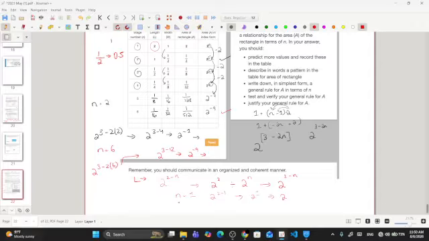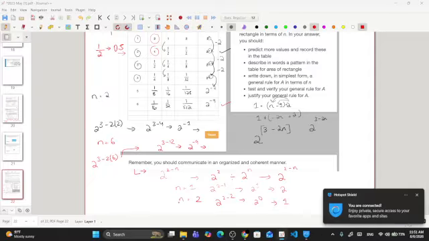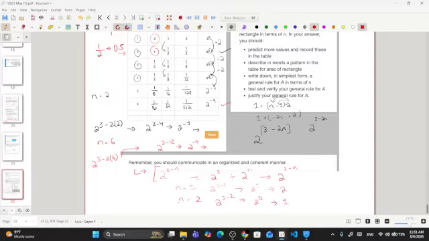If I substitute the value of n as 2, as that's stage 2, what answer does this give me? 2 raised to the power of 2 minus 2, which is 2 raised to the power of 0, and anything raised to the power of 0 gives an answer of 1. And here we go. Stage 2 gives me an answer of 1. So for the length, we have communicated effectively that our equation is going to be 2 raised to the power of 2 minus n. We agree on this point, right?